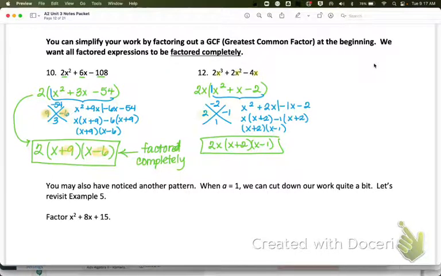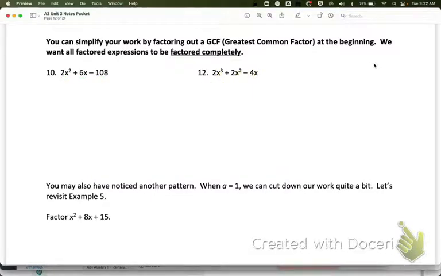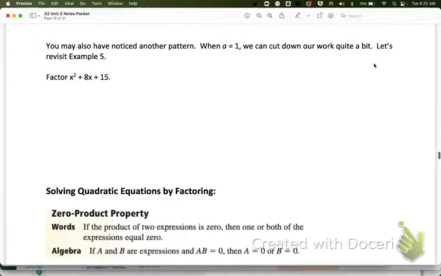Same thing over here, positive 2, negative 1, plus 2, minus 1. So did I even need to do all that grouping here? In these special cases, no. In the case where a is equal to 1, and this is only when a is equal to 1, this is really, really important, we can cut down on our work quite a bit.